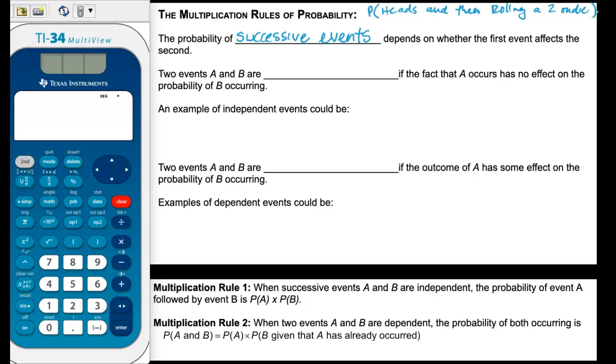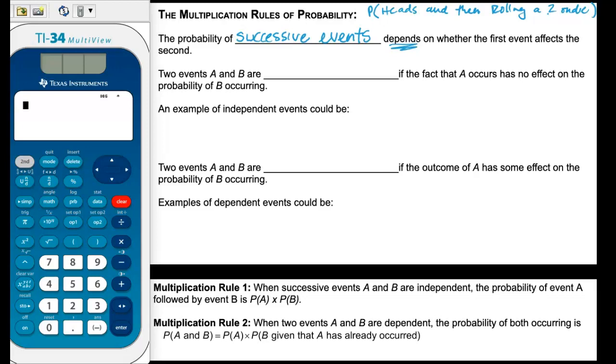The probability of successive events depends on whether the first event affects the second. Sometimes it does and sometimes it doesn't. In the example I just gave, when we flip a coin and then roll a die, flipping the coin does not affect the probability of what I roll on the die. They're two separate events that don't interact at all.